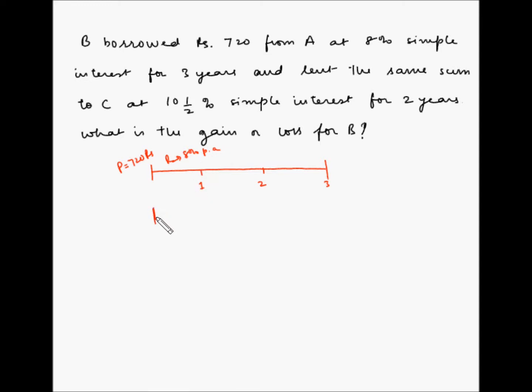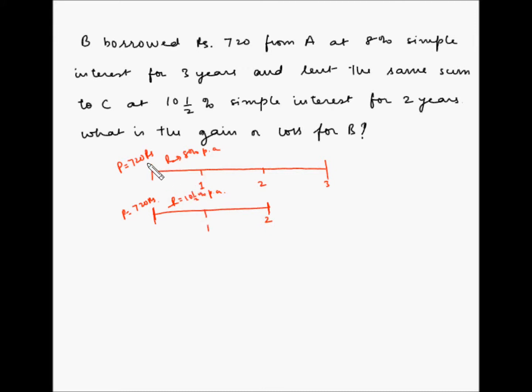So let's say at the same time he gave this amount of money for 2 years to C. So principal is equal to 720 rupees at the rate of 10.5% per annum. Now this lending that he did was for 2 years and definitely the rate of interest was higher than what he took it for.